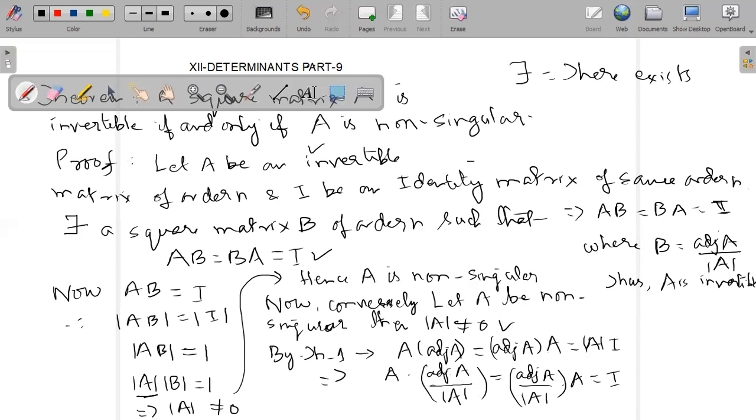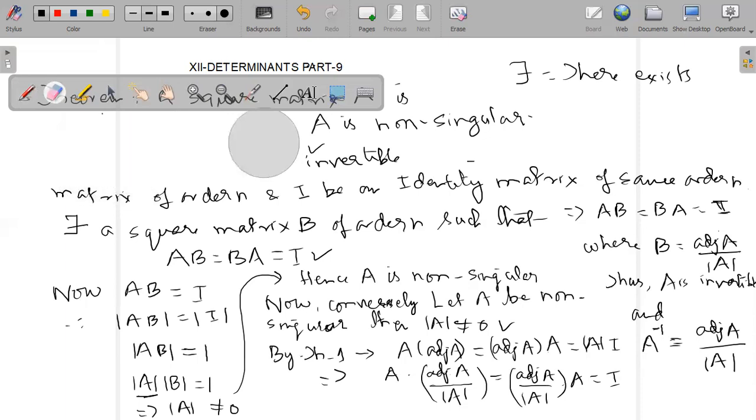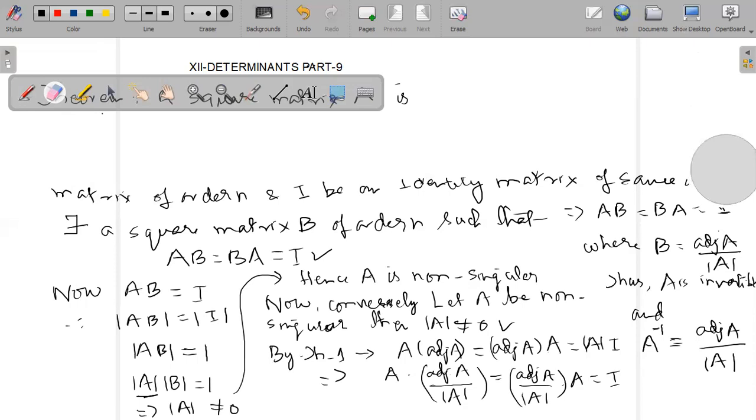But we got the formula, and B is the A inverse. So now we will find the inverse of a matrix by using this formula. A inverse, if we have to find, we will use the formula A inverse is equal to adjoint A divided by determinant A. This is the formula that we will use to find the inverse of a matrix.